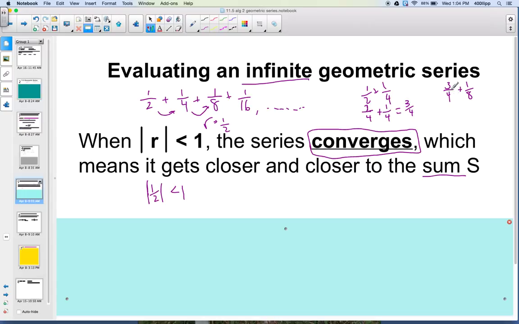We can multiply the top and bottom by 2 to get a common denominator of 8, so this is really 6/8 plus 1/8 is 7/8. Then we can keep adding on 1/16, and we'll get 15/16. If we keep adding these terms, you should notice that it keeps getting closer and closer to the number 1 in this specific case. So we're going to learn how to find out what that sum is that it's getting closer and closer to.